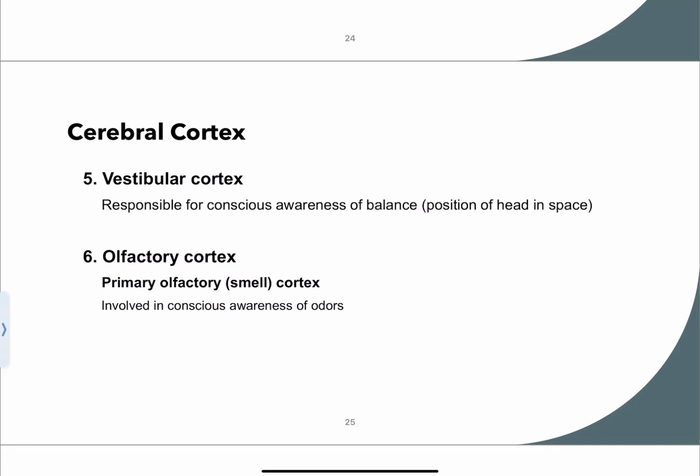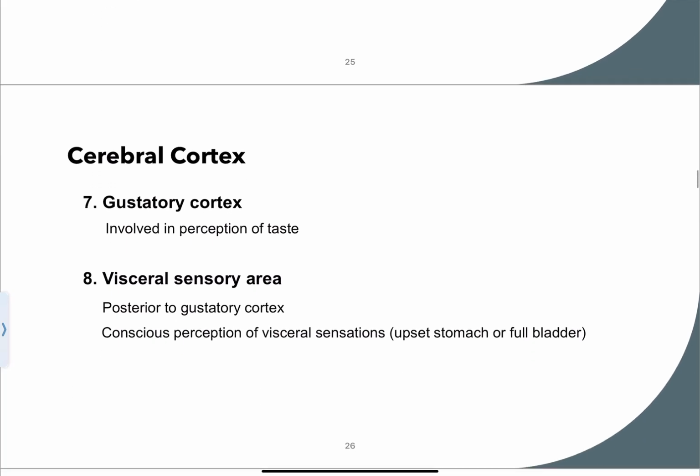Our vestibular cortex is really our balance area, so it's responsible for determining the position of our head in space. And then we have our olfactory cortex, and this is more specifically referred to as our primary olfactory cortex, which is involved in our conscious awareness of odors.